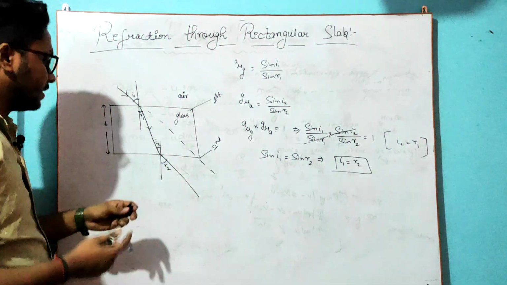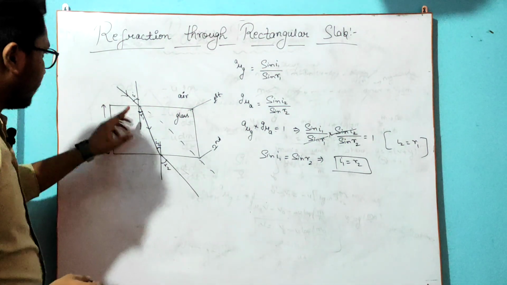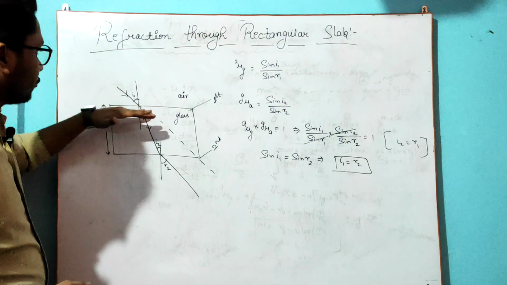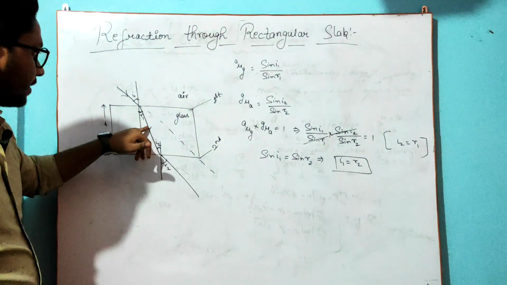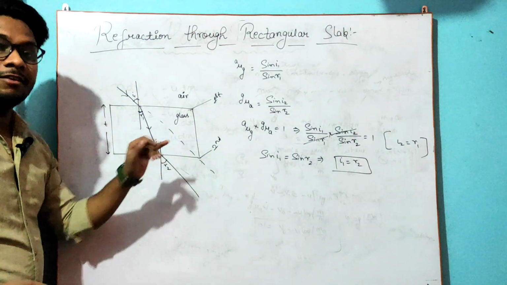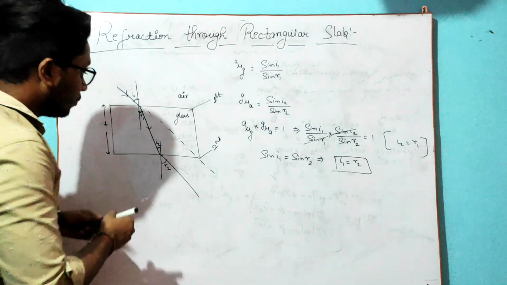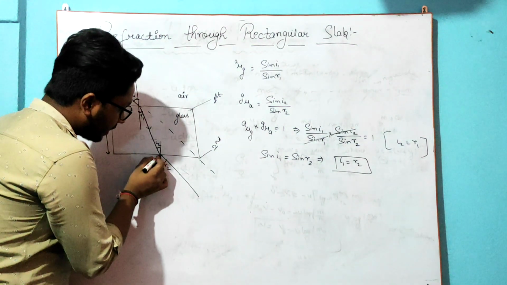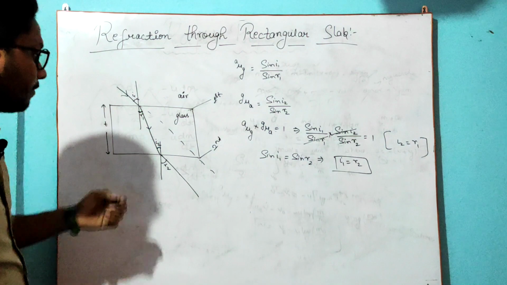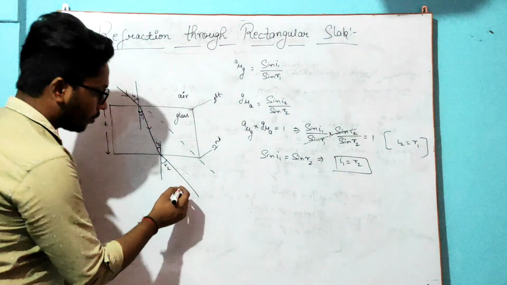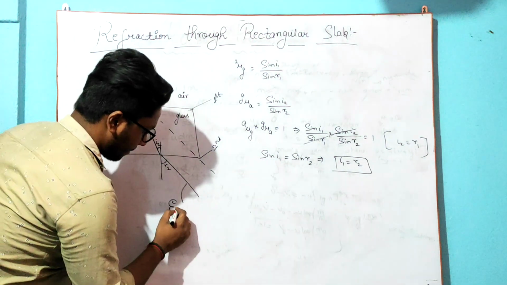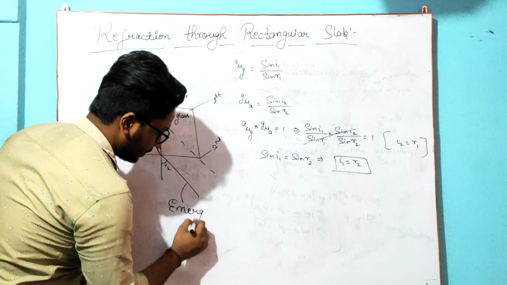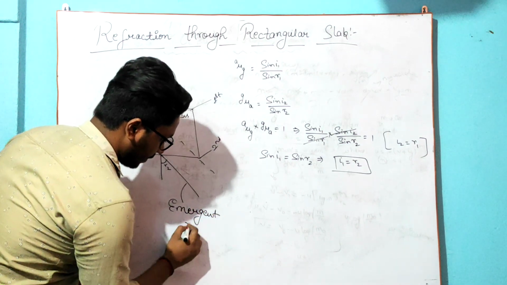Okay. So as you see, initially this light faces the first interface and gets refracted, again it faces the second interface and gets refracted. So the ray which gets out of this rectangular slab after the second interface is called the emergent ray.